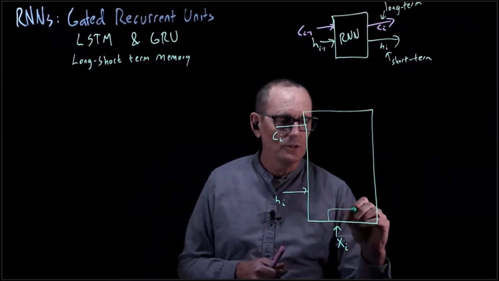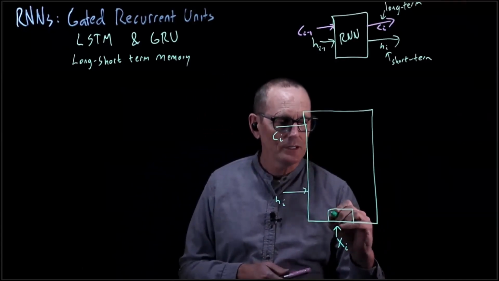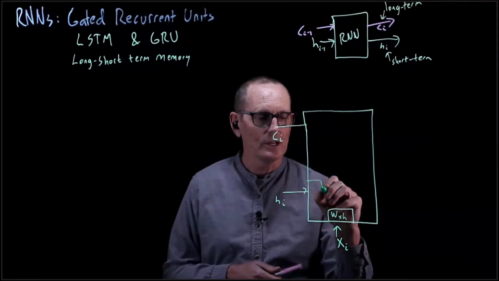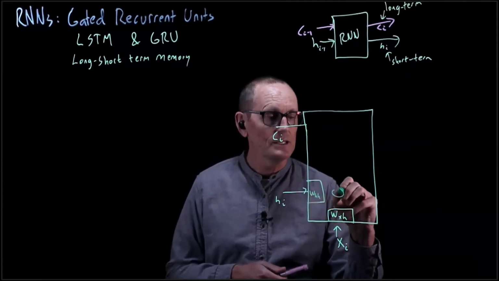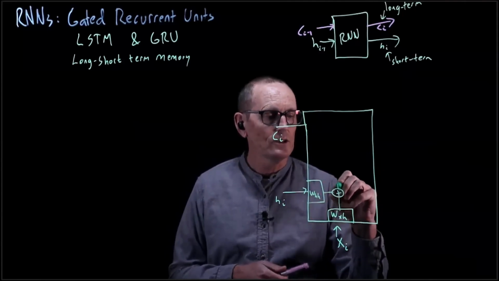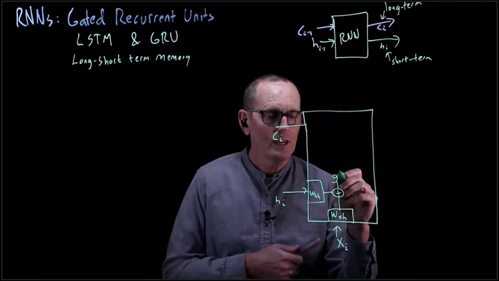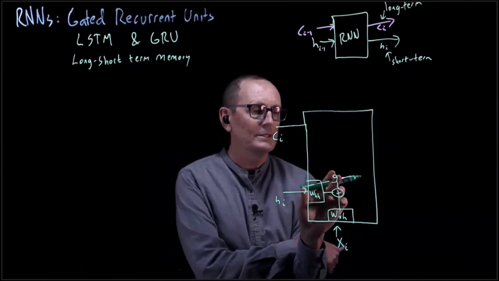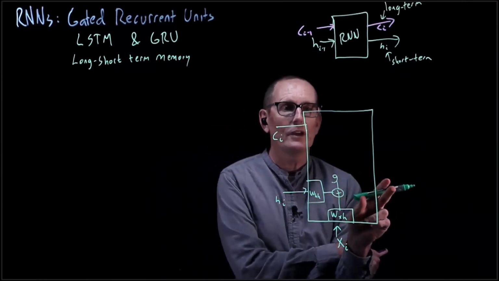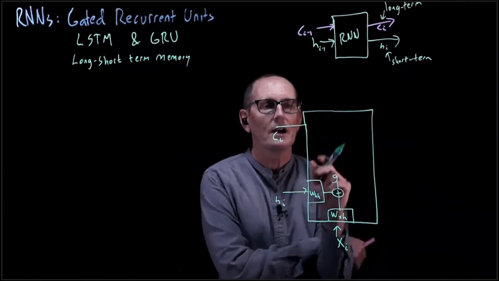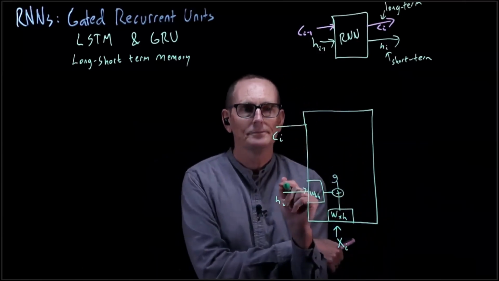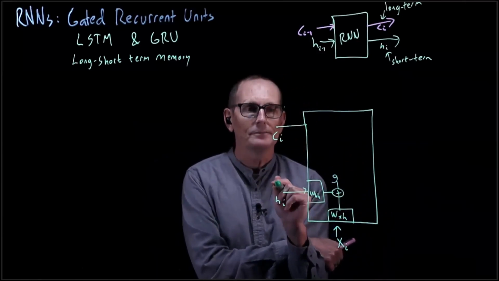We know this goes through a weight matrix. This goes through a weight matrix. These get added together. This goes through an activation function. And normally, of course, what happens is that this becomes the output of H, and this gets fed up into Y. It's slightly different here.